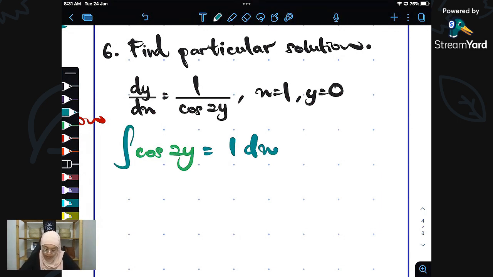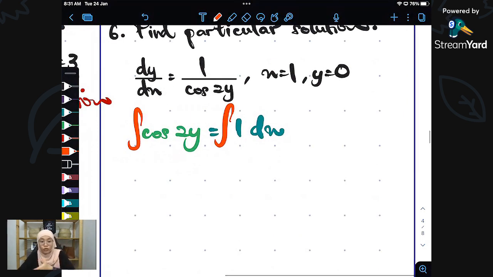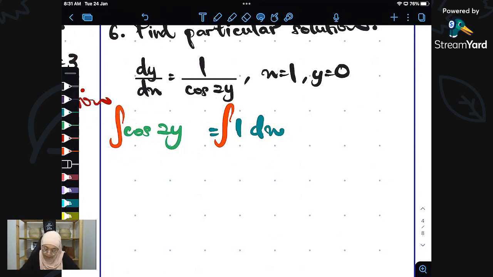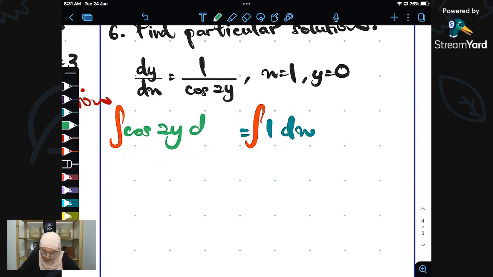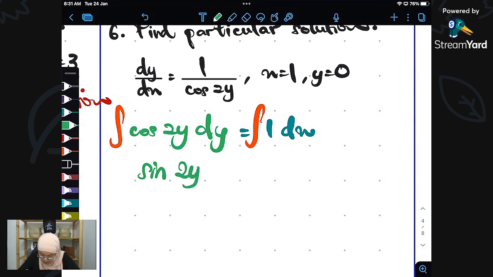Then I integrate both sides. When I integrate cos 2y, oh sorry guys, missing my dy here. Don't forget, it must have dy over there. So integrating cos 2y gives sine 2y over 2, and on the right hand side it's just x plus c.